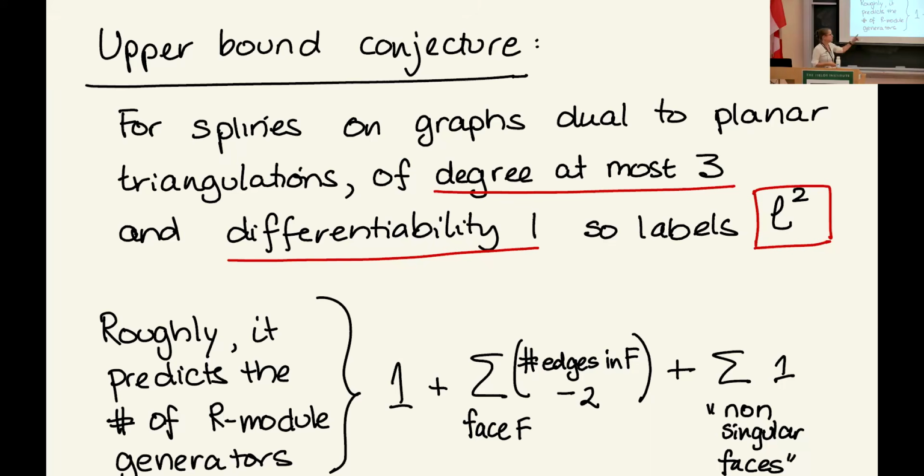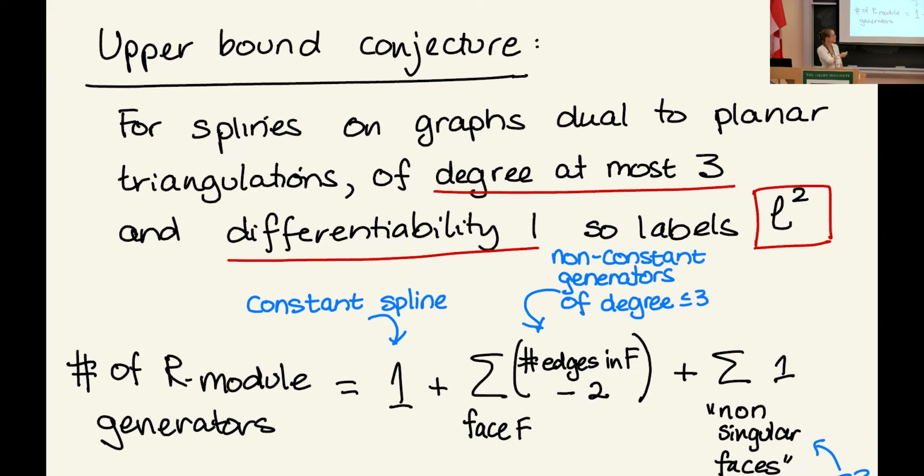It's saying we've got 1 plus a certain quantity adding up over the faces, and then another modifying quantity for non-singular faces. That 1 is the constant spline, which you then remove from everything. Then you have your non-constant generators of degree less than or equal to 3, which move around all of the faces.